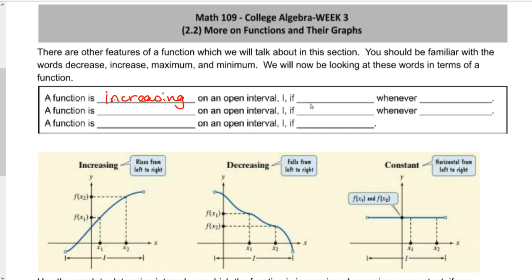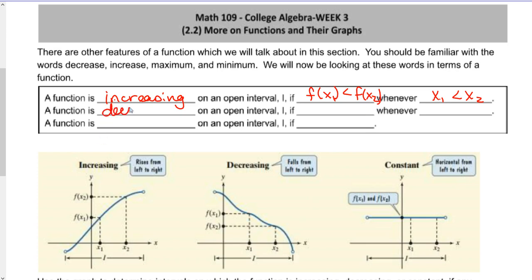On an open interval I, if f of x sub 1 is less than f of x sub 2, where x sub 1 is less than x sub 2. So basically that means that if I have two x values, one smaller than the other, then the function value of the one that's smaller is also smaller than the function value of the number that's larger.